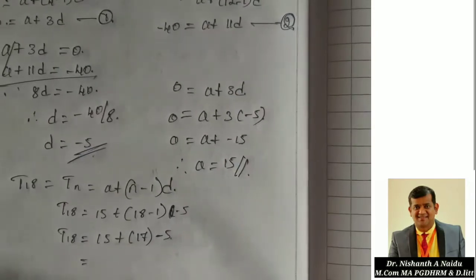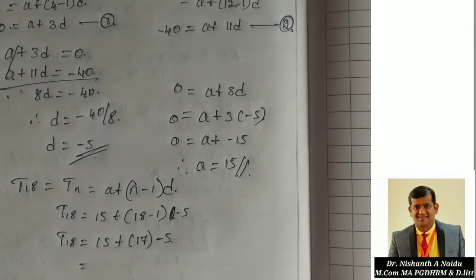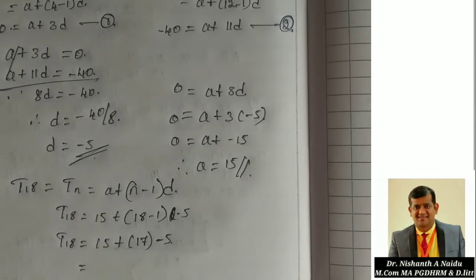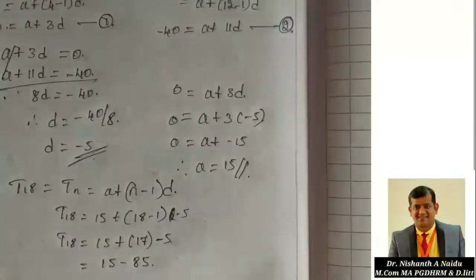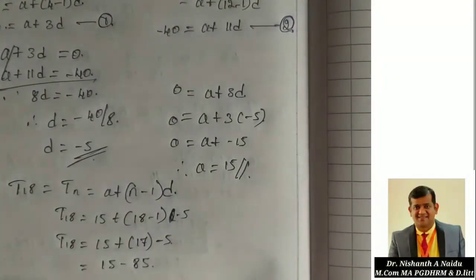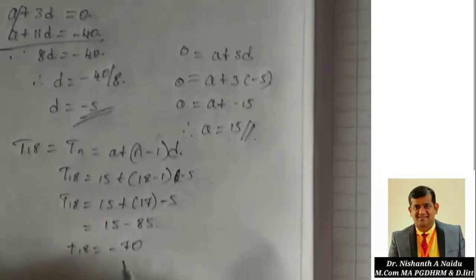How much will you get? 17 into minus 5 is 85. So 15 minus 85, T18 equals minus 70.